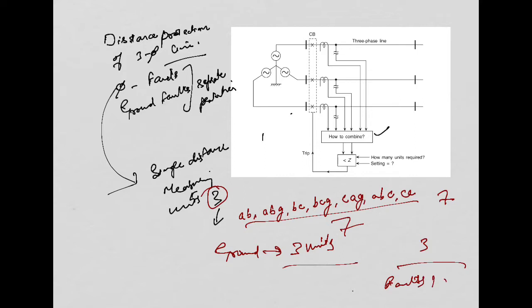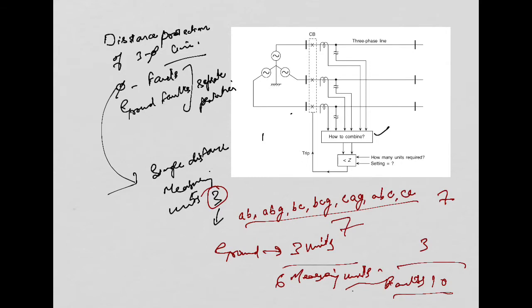And for these 10 faults, how many measuring units are required? 6 measuring units are required for catering to these shunt faults.